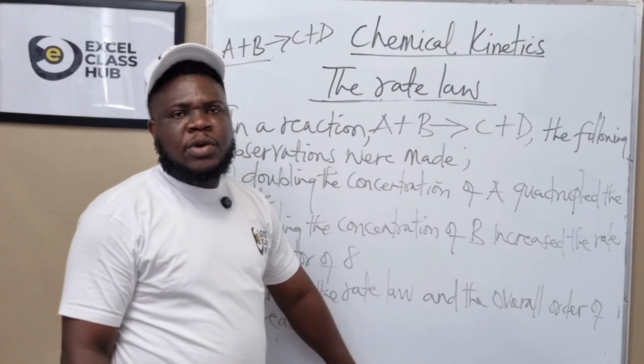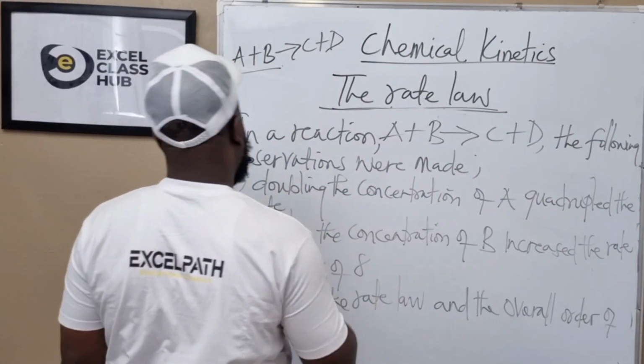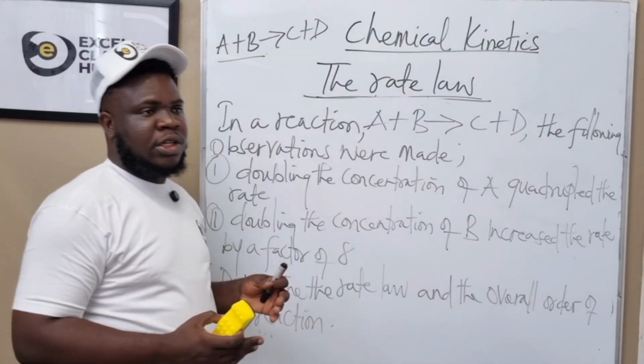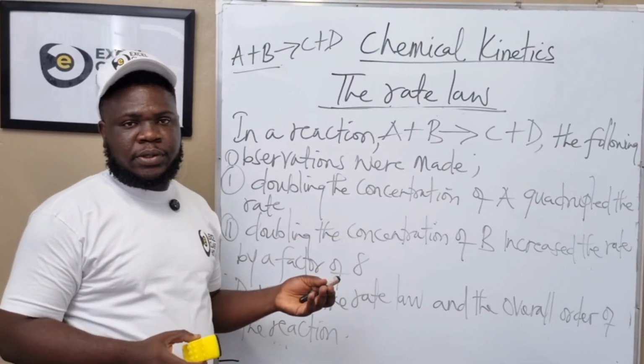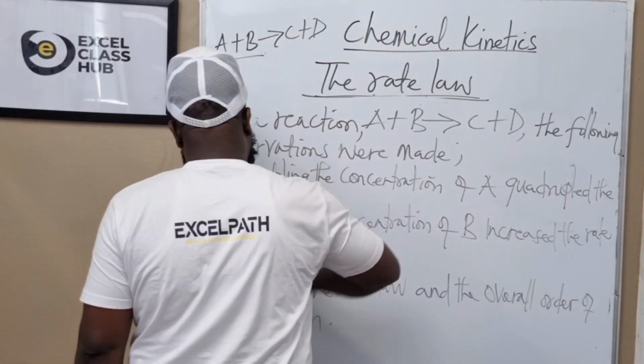So how do we go about this kind of question again? Yes, we are still going to be following the same approach that we used in solving the first one.